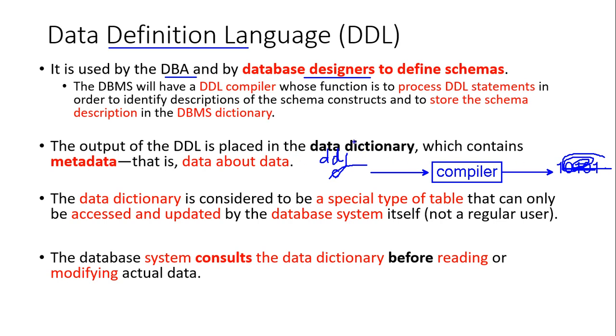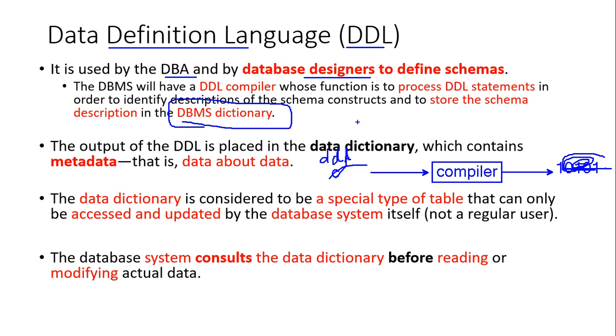So when you use data definition language to specify the design, just as you write in C language to create a program, the compiler will understand that and store the output of the compilation in a special place called the database dictionary, also called the database catalog.